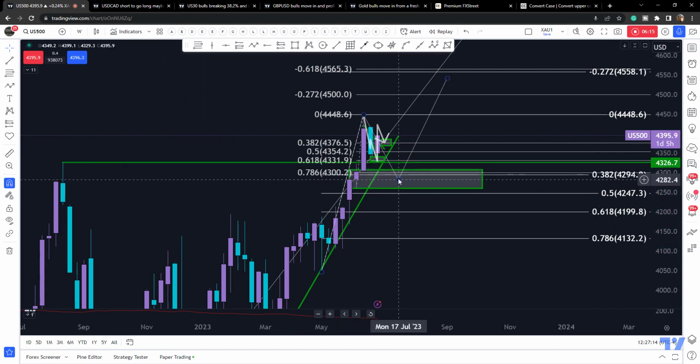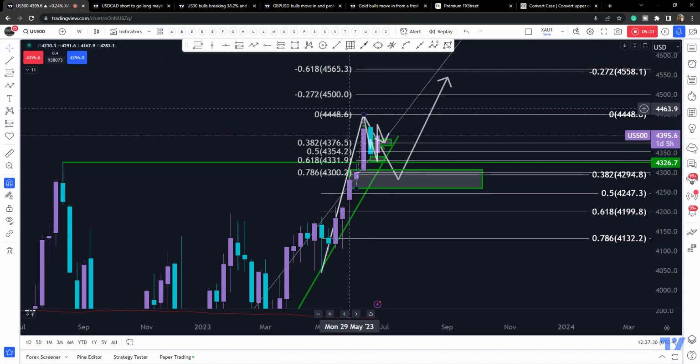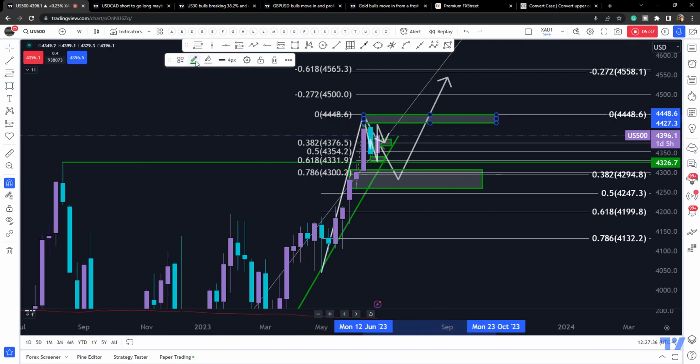So this scenario, let's mark off the highs of the weekly chart. Impulse. So that's resistance on the weekly.